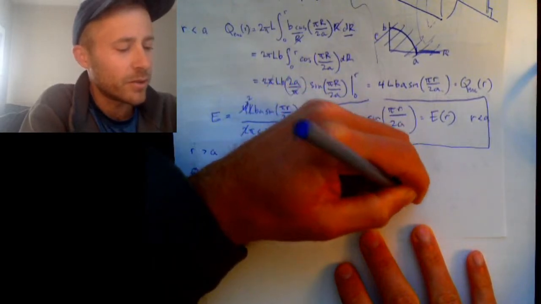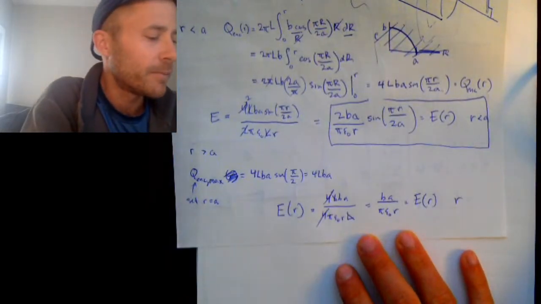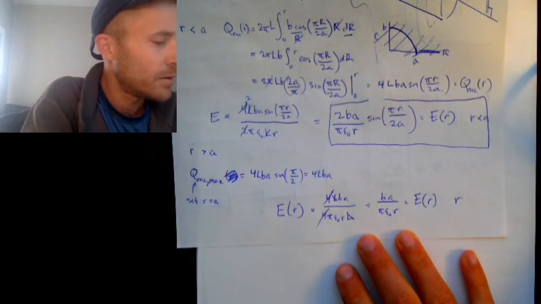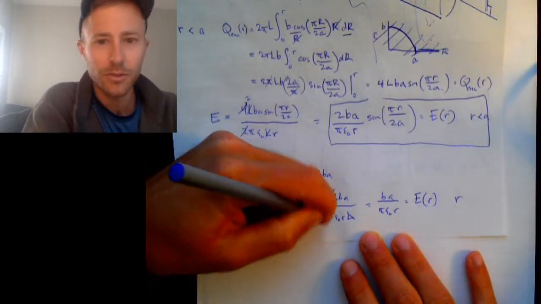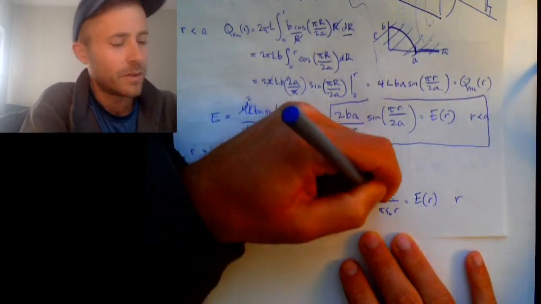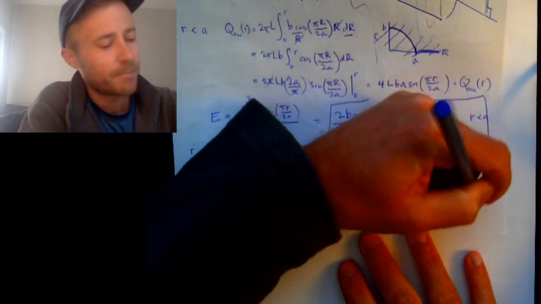So this is the electric field when r is... oops, this should be a 2. My bad. So this is 2ba over pi epsilon naught r. This is for r greater than a.